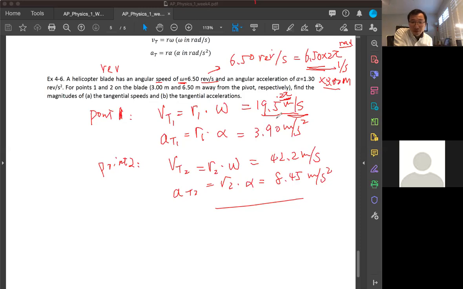Yeah, I believe so. Right? I need to add this 2 pi to the result. For that, it should be the same, I guess.